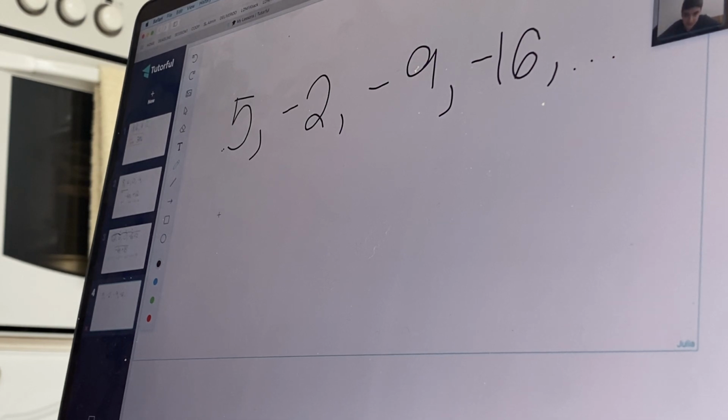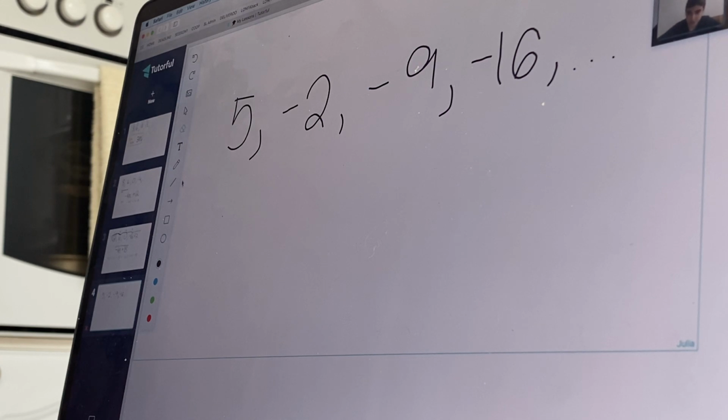Subtract 7. So take away 7 is the term-to-term rule. So if I'm looking for the nth term, how many times do I need to subtract 7? 2. So that would give me the second term. Oh yeah, we need to find the 7th.